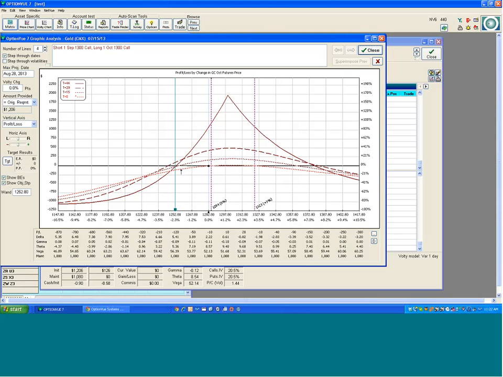But in either case, the delta is getting increasingly positive. That's the nature of volatility-based trades that earn positive time decay. Namely, the deltas get increasingly positive on the downside, and they get increasingly negative on the upside.